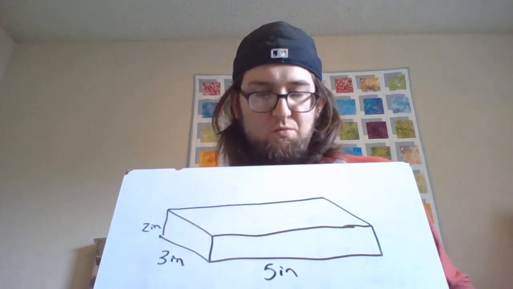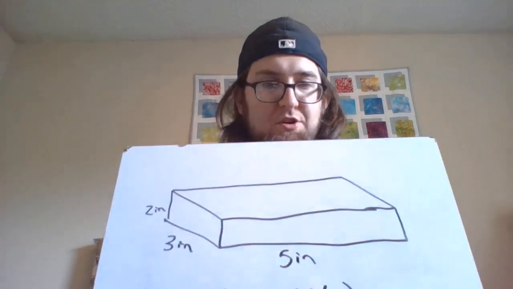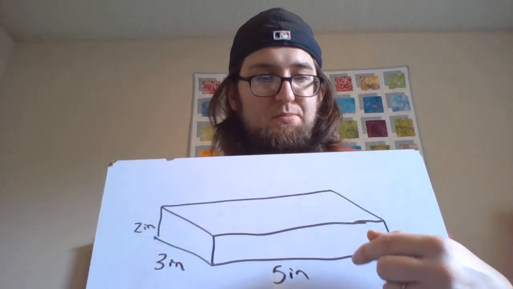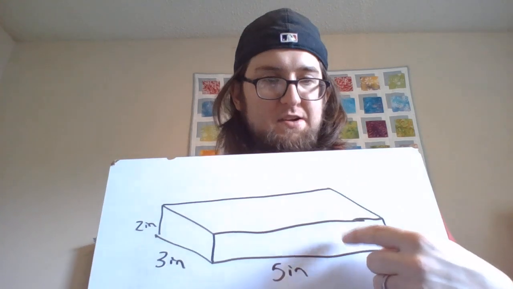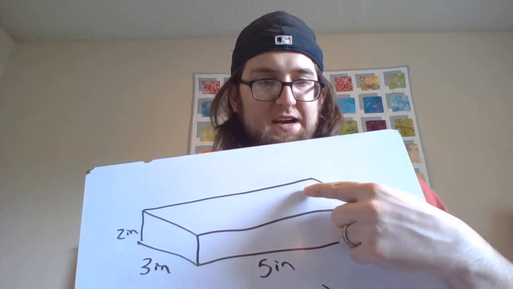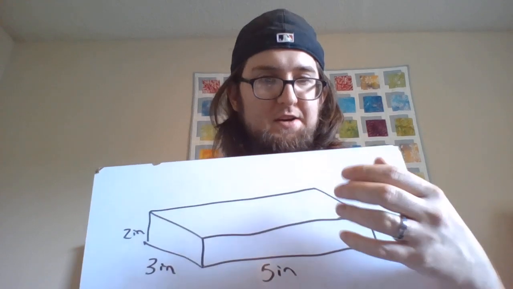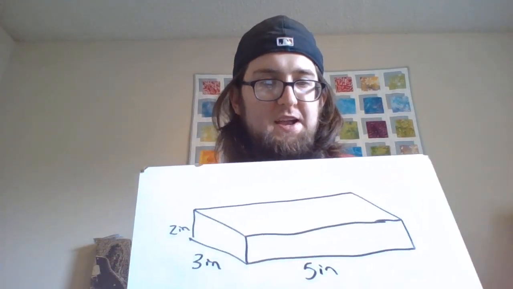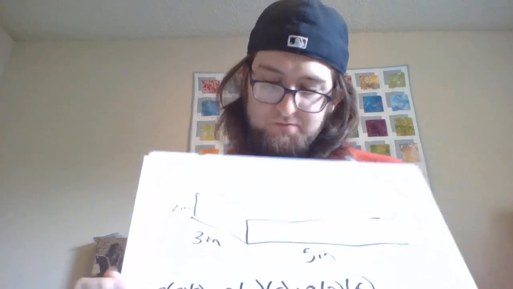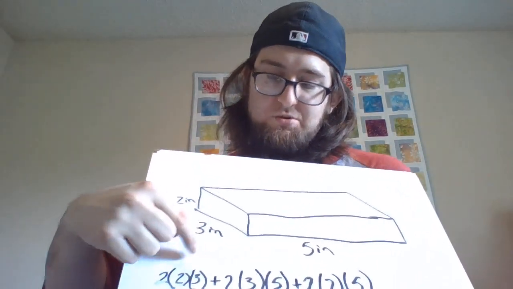So what we want to do is find the area of each of the faces. Because it's a rectangular prism, I know that this area will be doubled because this and the side opposite it have the same area. So I'm going to find the area of each of these 3 faces and multiply them each by 2. So we've got 2 times 2 times 3.